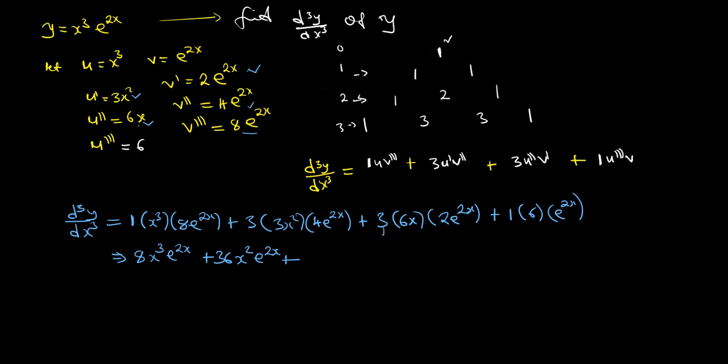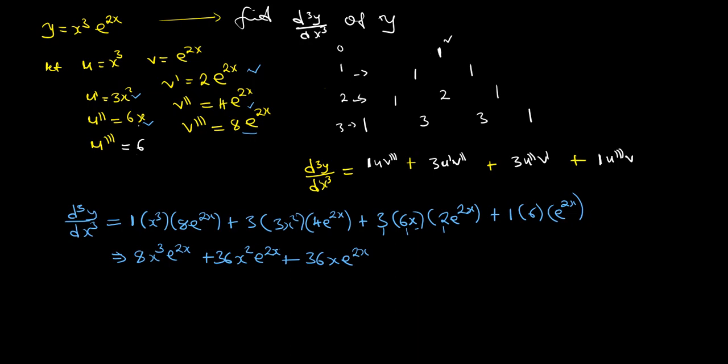What is 3 times 6 times 2? 18 times 2 is 36 again, so we'll have 36x, then we maintain the same e to the power 2x, like that.